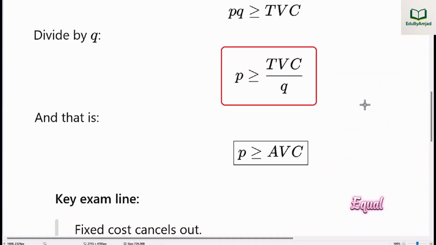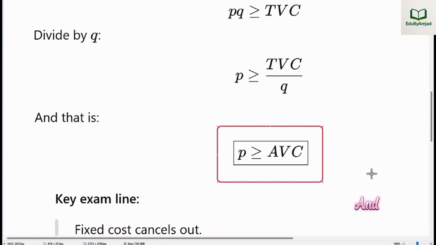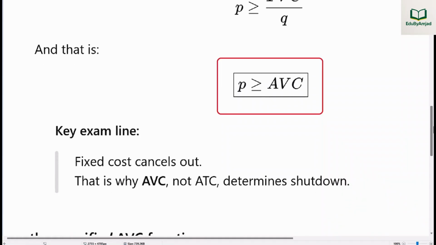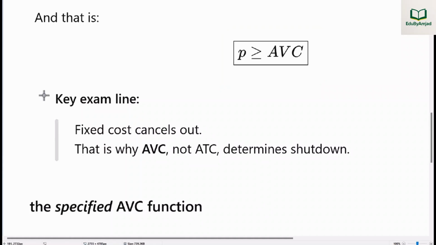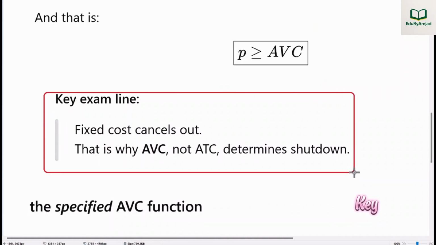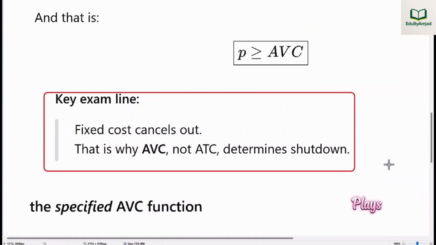Price is greater than or equal to total variable cost divided by quantity. And total variable cost divided by quantity is average variable cost. So the condition becomes price must be at least equal to AVC. This is the key result. Fixed cost plays no role in the shutdown decision.